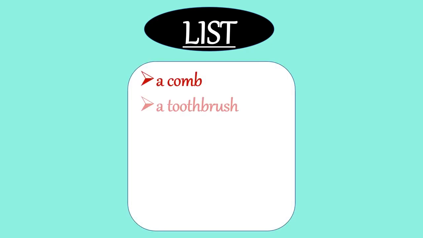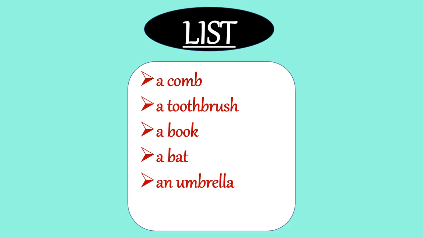So let's run through the list that I have made. A comb, a toothbrush, a book, a bat, an umbrella, and an orange. Now, did you notice in my list that there are some words that have a before them and some that have an before them? Do you know why? Let's find it out.